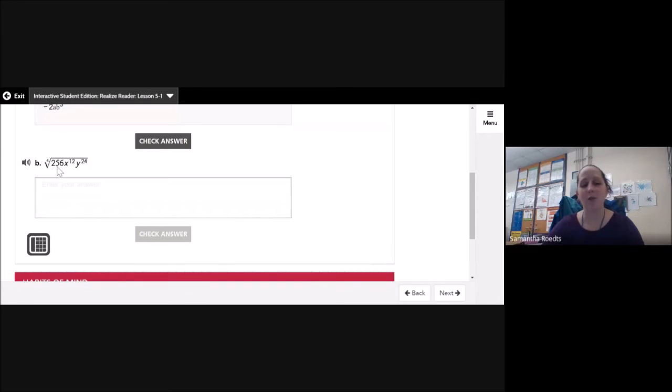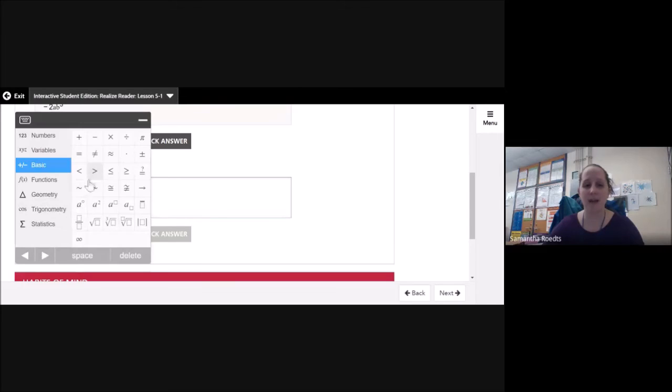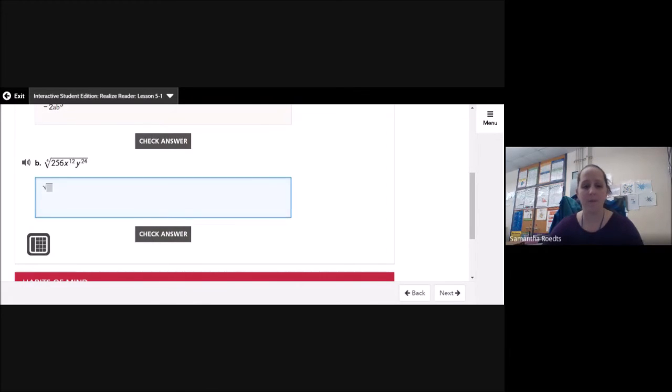I have the fourth root of 256x to the 12th, y to the 24th. So again, I want to rewrite this with an index of 4. 256 is 4 to the 4th. x cubed, because 4 times 3 gives me 12, and y to the 6th.